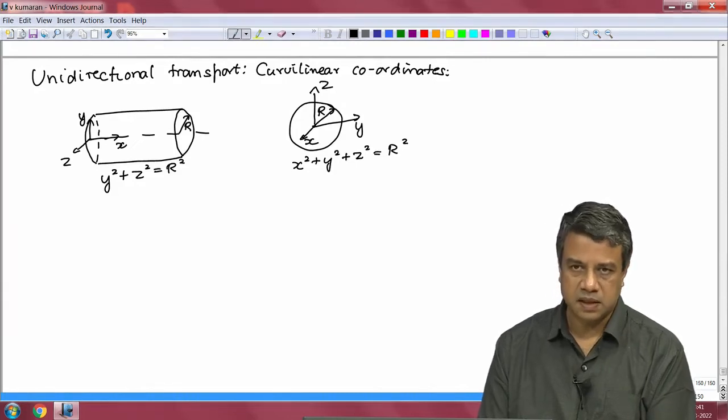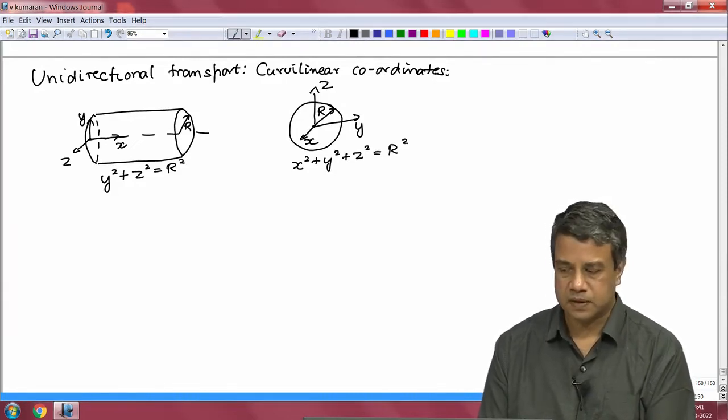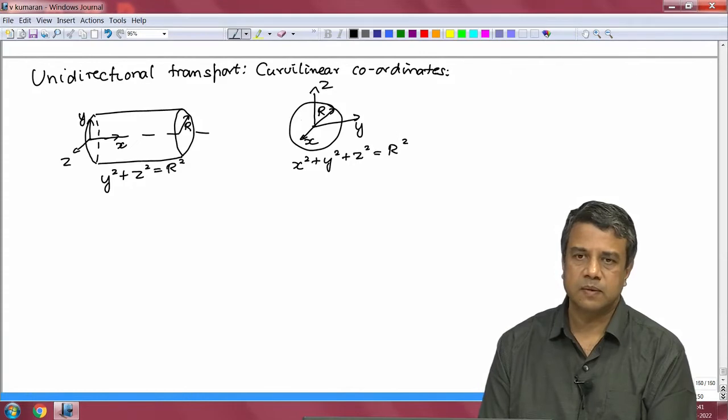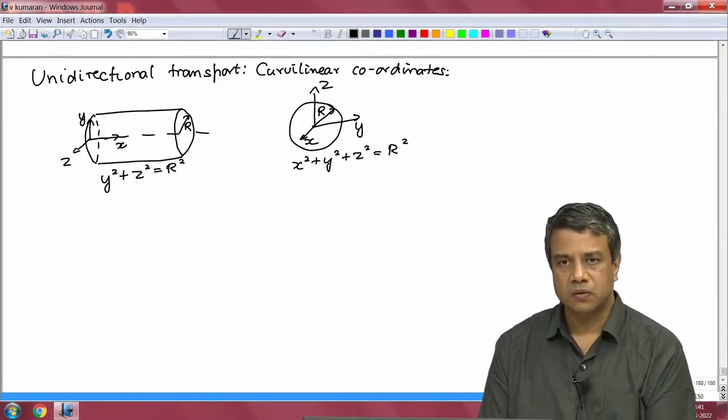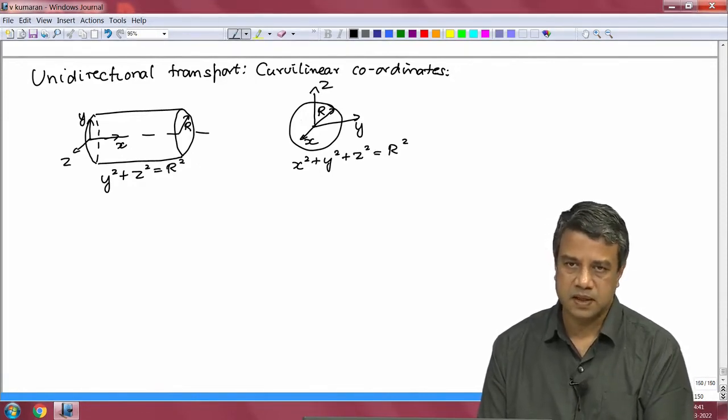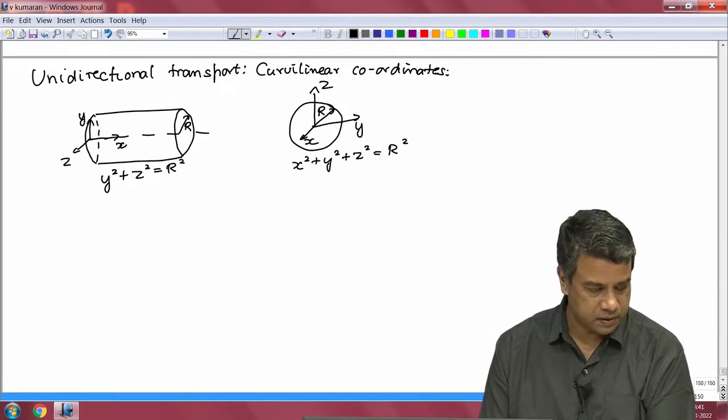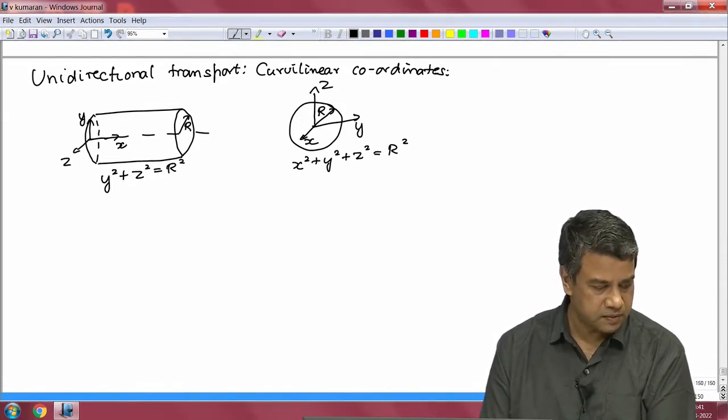It is a distance r from the axis of the pipe. And therefore, if I want to apply a boundary condition on a boundary of constant coordinate, one of the coordinates should be a distance from the axis of the pipe.